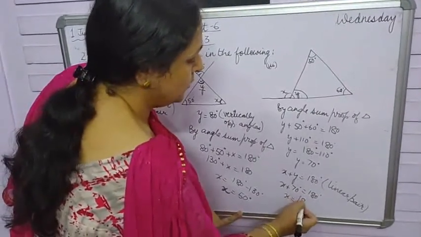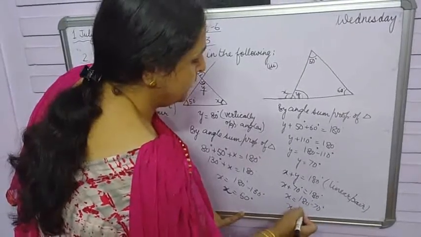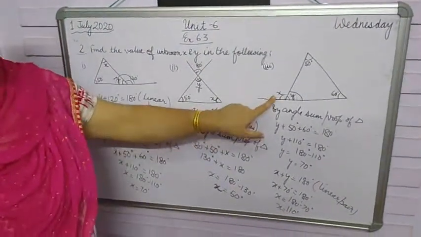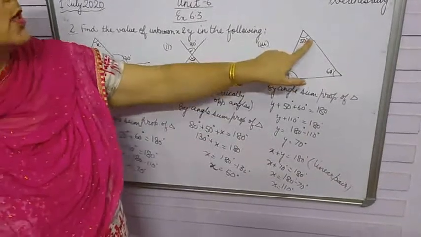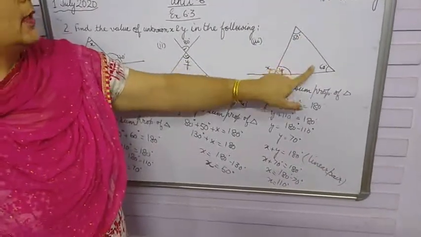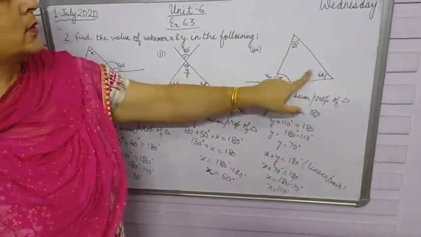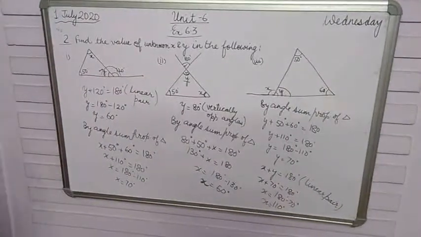So x is equal to 180 minus 70 degrees. x comes out to be 110 degrees. You can see from here, if I calculate it using the exterior angle property, that the exterior angle is equal to the sum of the interior opposite angles, then also x will be equal to the sum of these two angles, that is x is equal to 110 degrees.